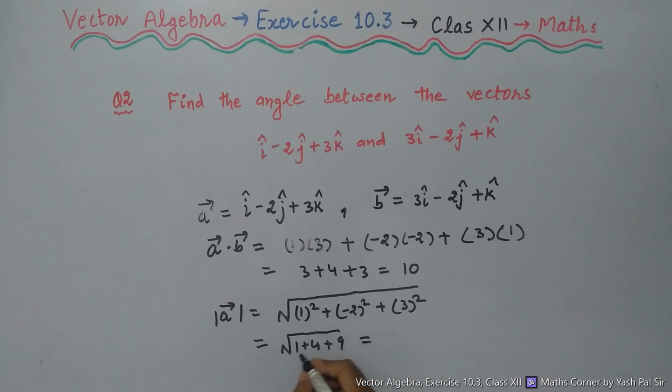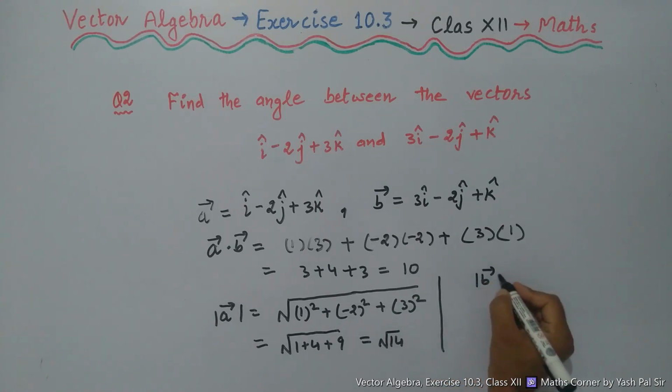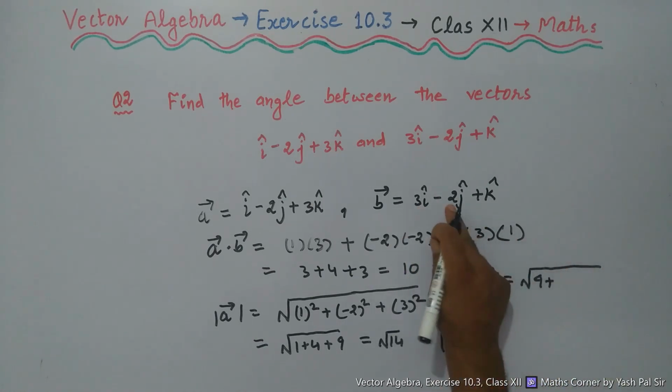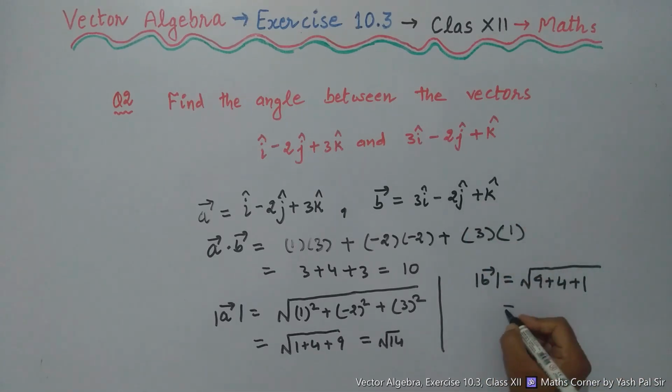This is equal to square root of 14. Similarly, the magnitude of vector B is equal to square root of 9 plus 4 plus 1. So this is also equal to square root of 14.